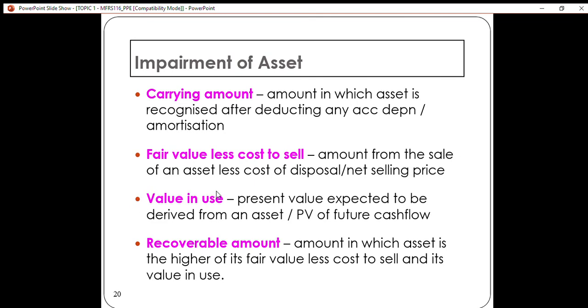The value in use refers to the present value expected to be derived from an asset, or present value of future cash flow of the asset. And the recoverable amount is the higher of its fair value less cost to sell, and its value in use.